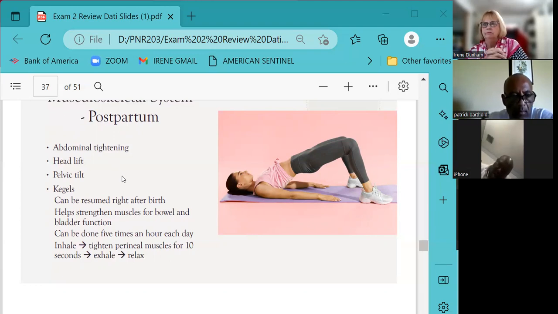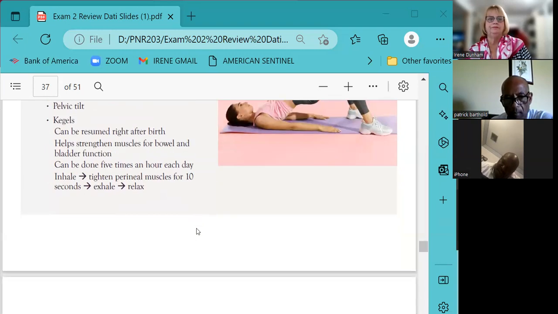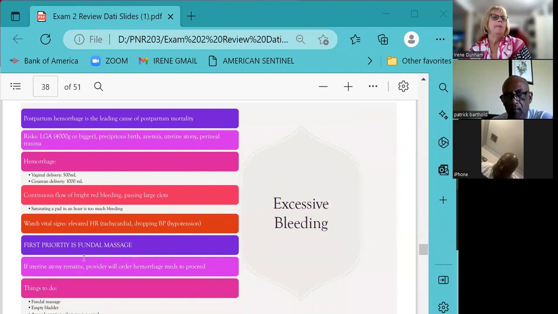Write that down. Kegels strengthen the muscles for bowel and bladder function. Now, it can be done like 5 times an hour even. Anybody can do it. So what they do is they inhale, tighten the perineal muscles for 10 seconds, exhale and relax. That's what strengthens the muscles for bowel and bladder function.